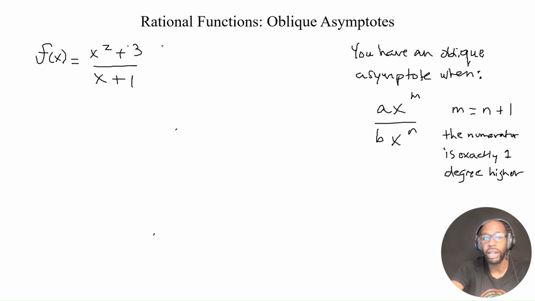This is how we find it. We're going to do this division here. So this is x squared plus 3 divided by x plus 1. Let's actually do that division. x goes into x squared x times.